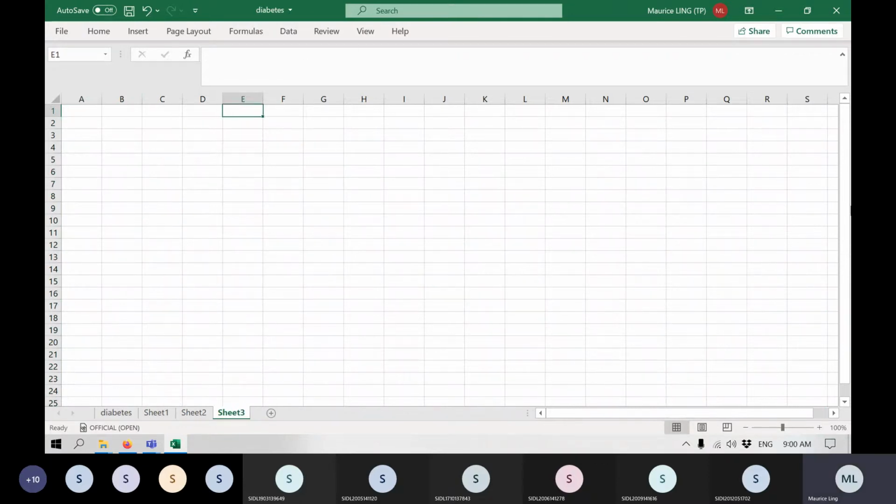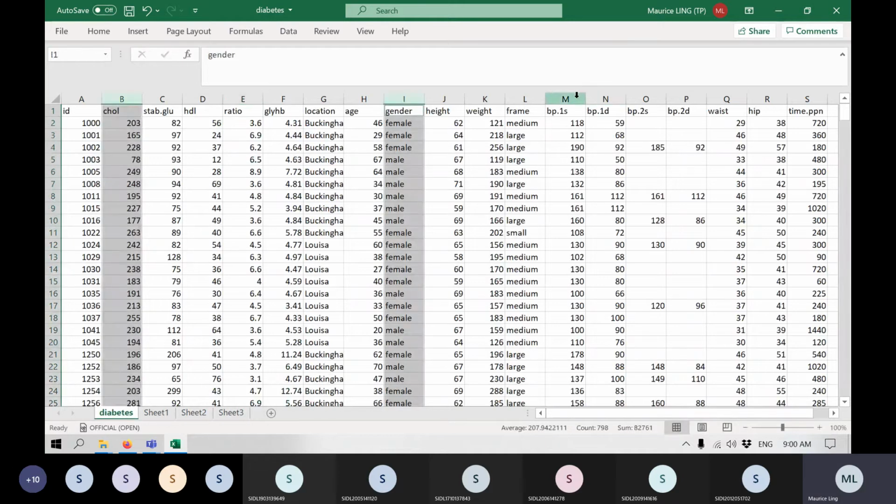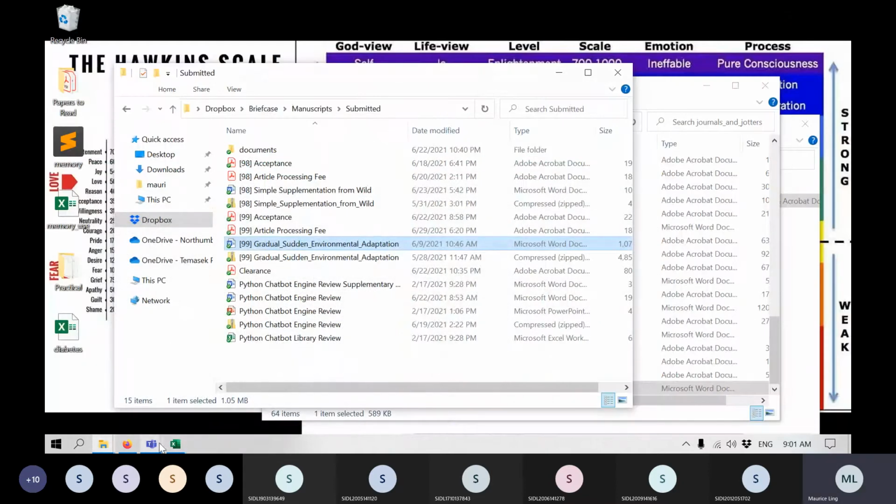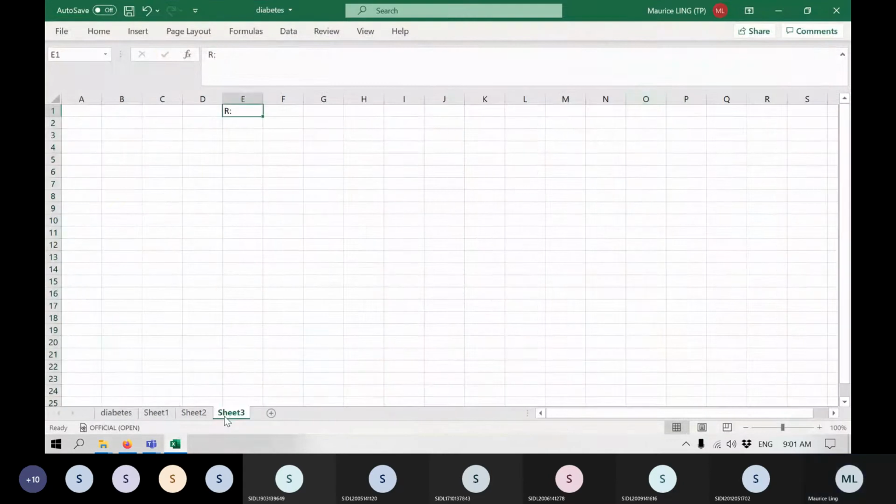For example, we want to ask a research question. Let's say after you do the first systolic blood pressure reading, you go out to rest. So is there a difference between the two readings?